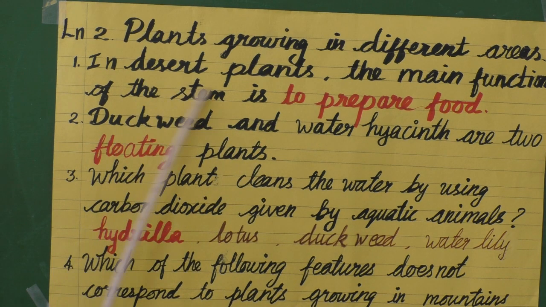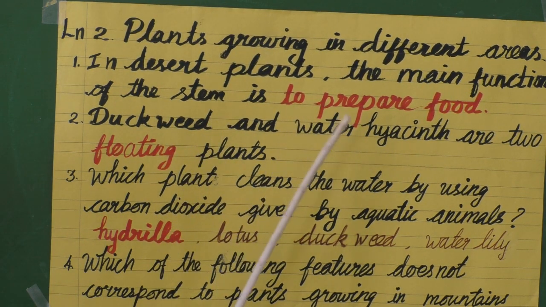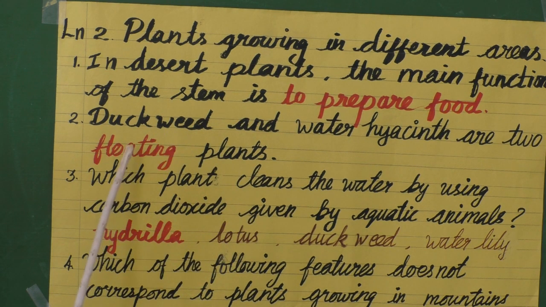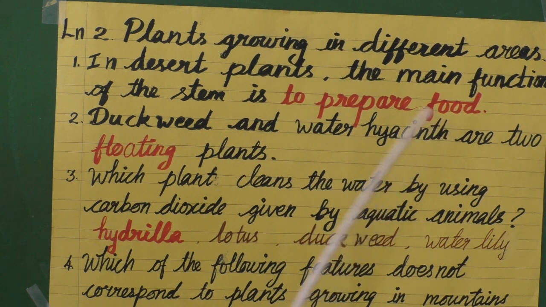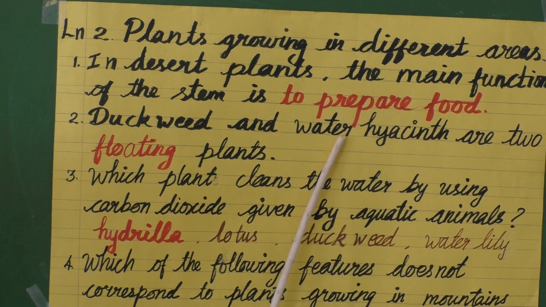In desert plants, the main function of the stem is to prepare food. Second one, duckweed and water hyacinth.